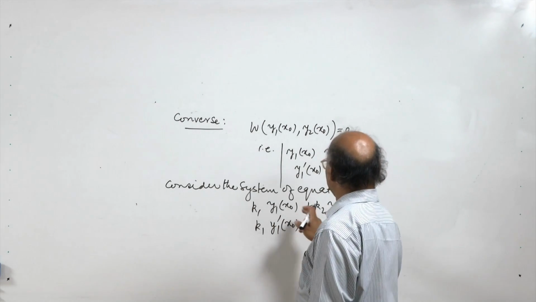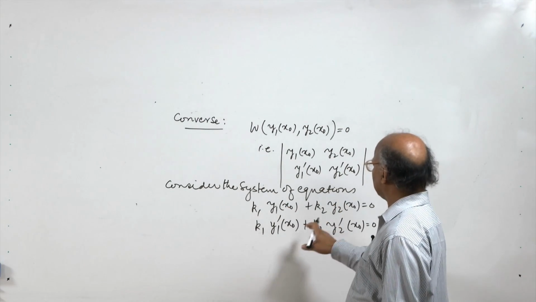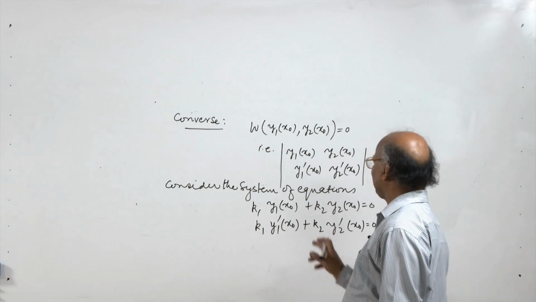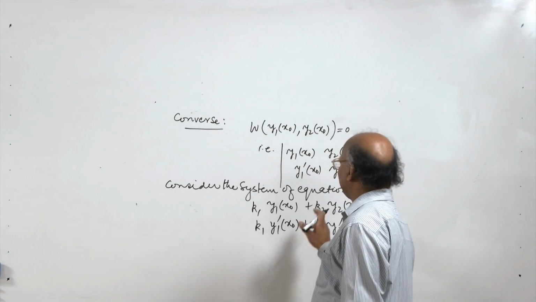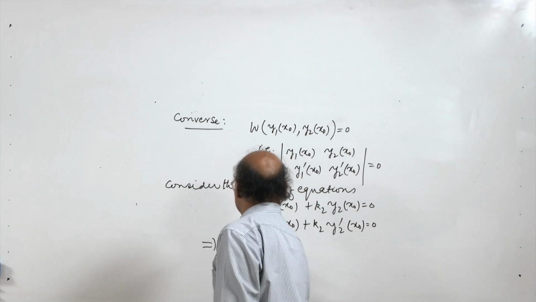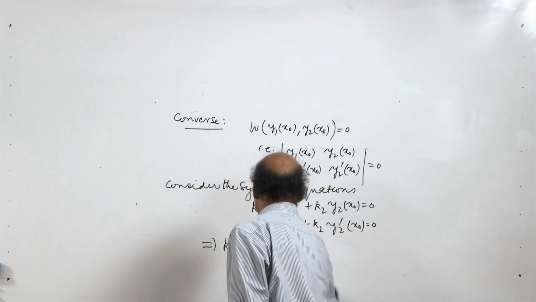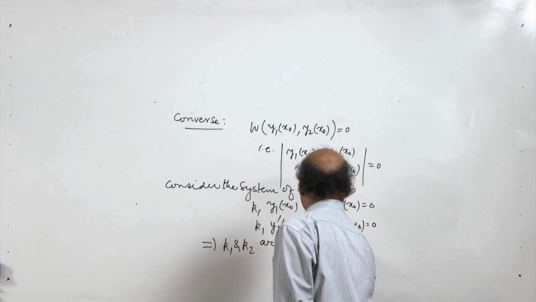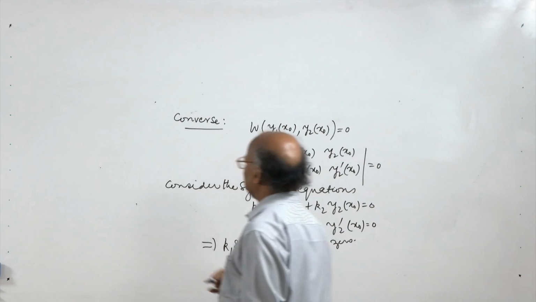Since the determinant of y1(x naught), y2(x naught), y1 dash(x naught), y2 dash(x naught) is equal to 0, this homogeneous system of linear equations implies that K1 and K2 are not both 0.